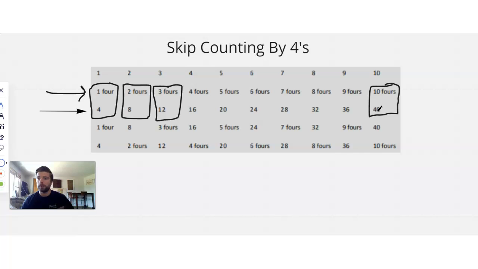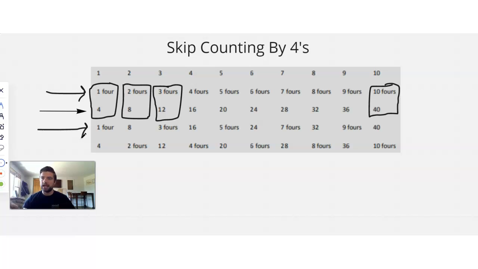And so when we're skip counting, we can also skip count by saying 1 4, 2 4s, 3 4s, 4 4s, 5 4s, 6 4s, 7 4s, 8 4s, 9 4s, 10 4s, and it's the same thing as counting 4, 8, 12, 16, 20, 24. Okay? But here's the tricky part. We can also alternate between those two systems in the same kind of string of numbers. Okay?